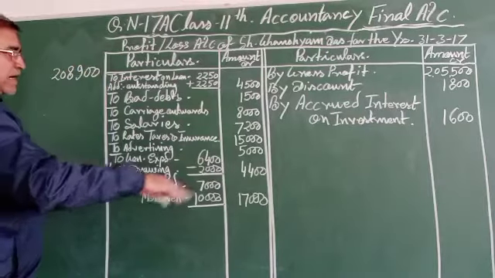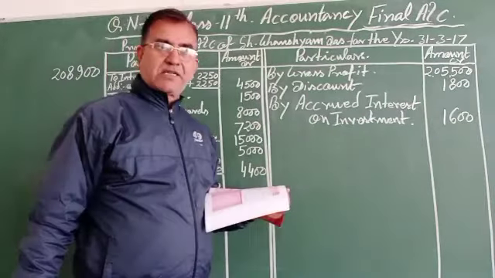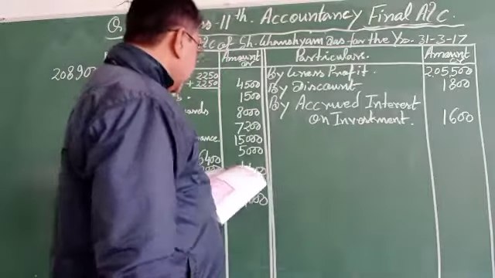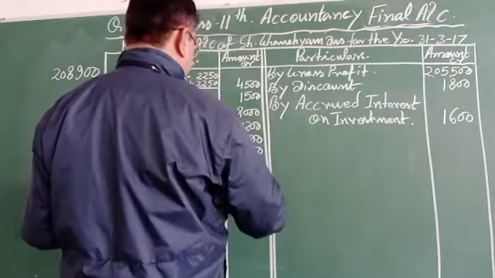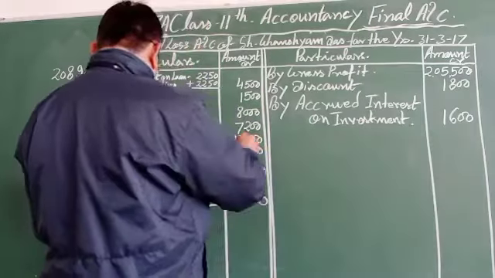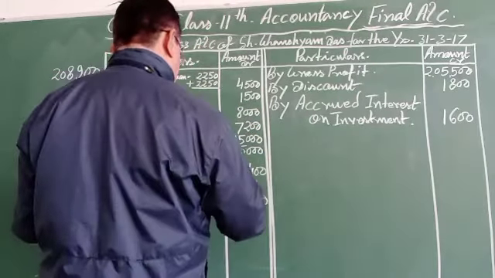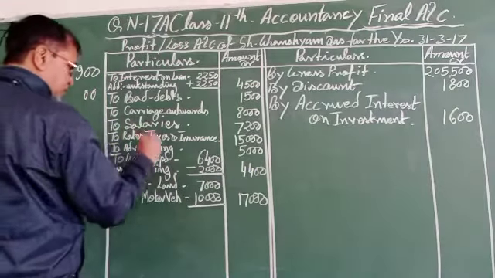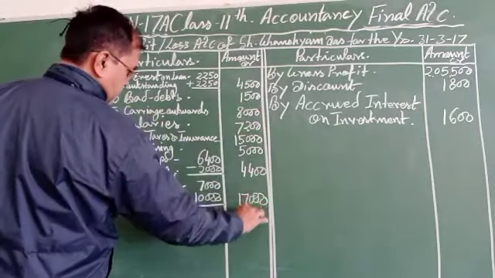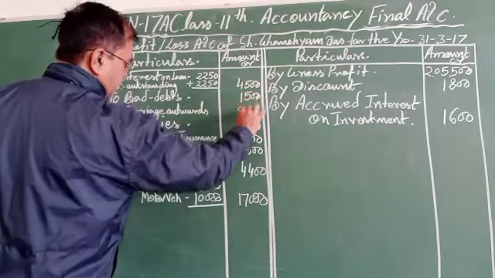The total of the credit column of the profit and loss account will be 2,08,900. Then the debit column, we can total this one.